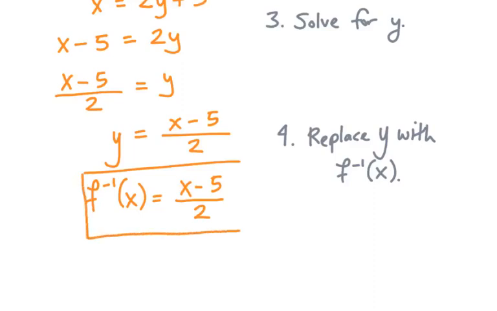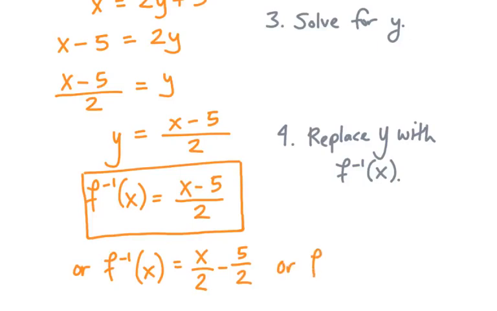Typically folks ask if we can write it other ways, and we sure can. So before we call it quits on this one, let's just offer up another way to write it. Some people prefer to bust this into 2 fractions. You can see that we've got x minus 5, so 2 terms in the numerator. So it's not uncommon to hear people write this as x over 2 minus 5 over 2, just by breaking it into 2 fractions.